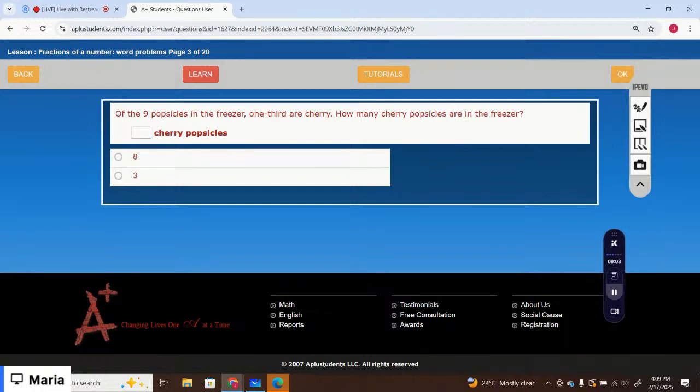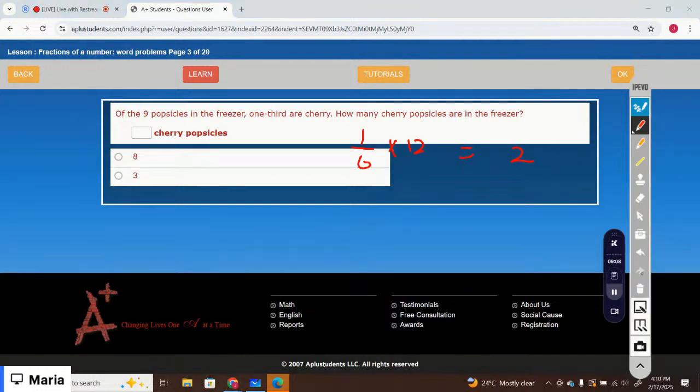One third of 9 is, you need to calculate one third of 9.